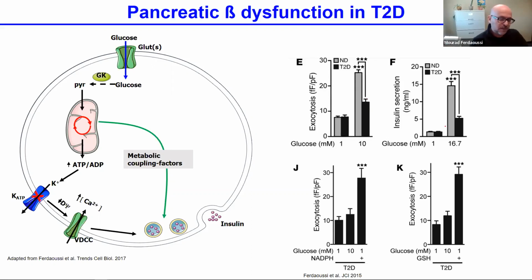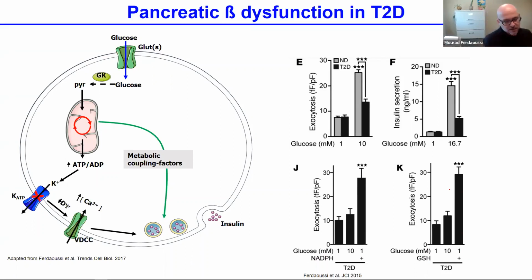But what was really interesting to observe in that study is when we reintroduced in the beta cells some of this metabolic coupling factor, like the NADPH or the GSH, the glutathione, we observed that we were able to amplify the insulin secretion in the beta cells that are isolated from type 2 diabetes patients.